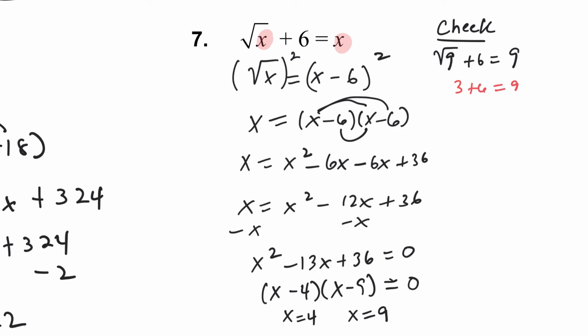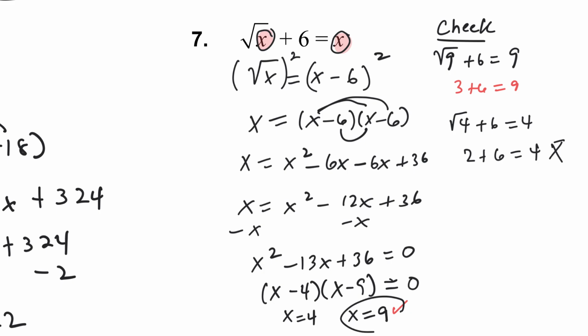That works. Now we've got to check 4. So we have the square root of 4 plus 6 is equal to 4. Square root of 4 is 2. 2 plus 6 is not 4, because remember we're replacing the x with 4, so this will not be it. So that was an extraneous answer. So your answer is 9.